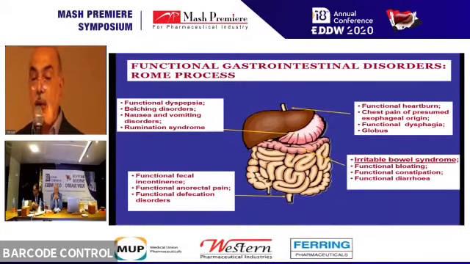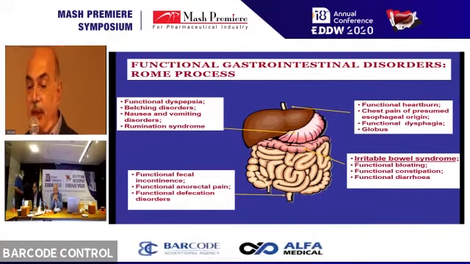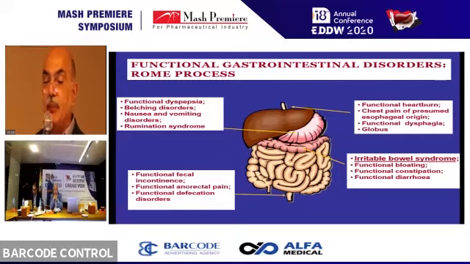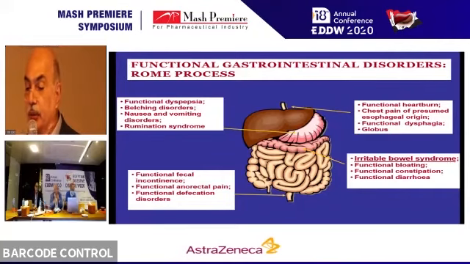So, according to the site of the disease or the affection of the gut, they classified the functional disorders into many subgroups. If it affected the esophagus, it can lead to functional heartburn, functional chest pain, functional dysphagia, globus, and so on.